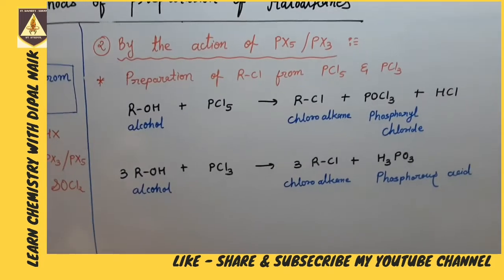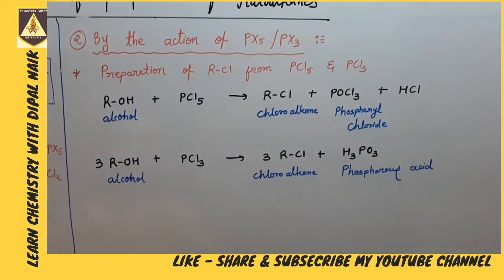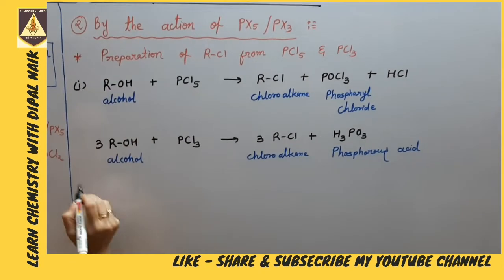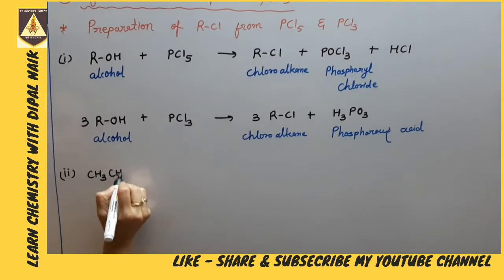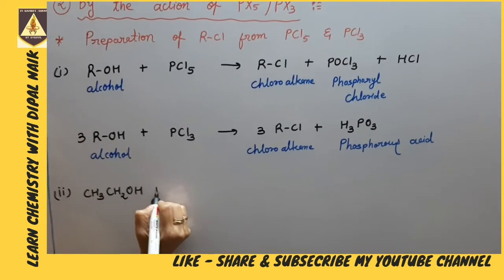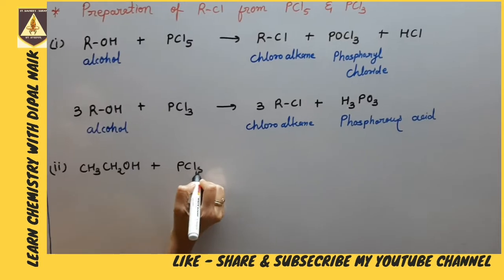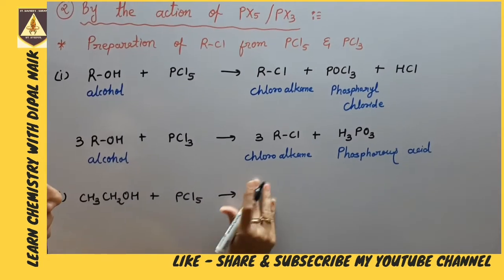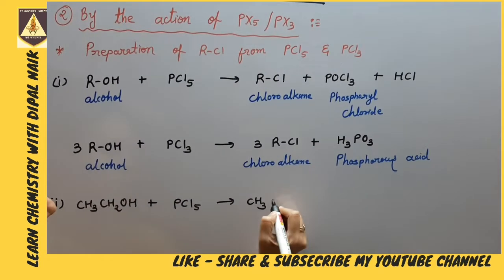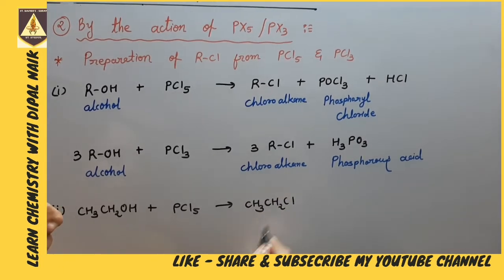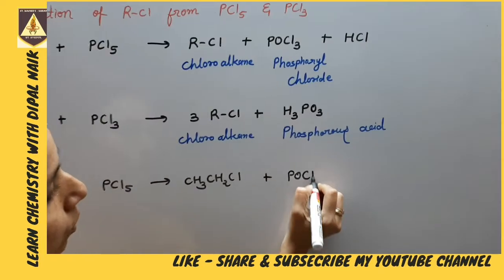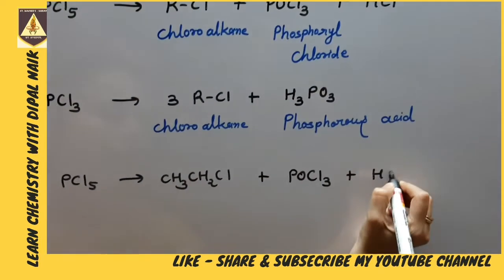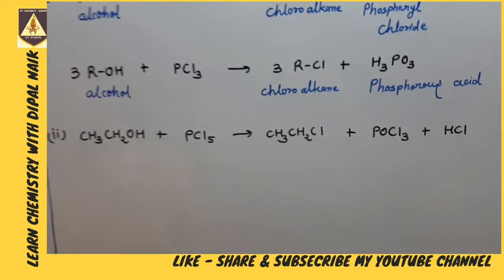Now we take examples of each reaction. Reaction number 1: we write CH3CH2OH, ethanol, reacts with PCl5 to give CH3CH2Cl, chloroethane, phosphoryl chloride and hydrochloric acid.